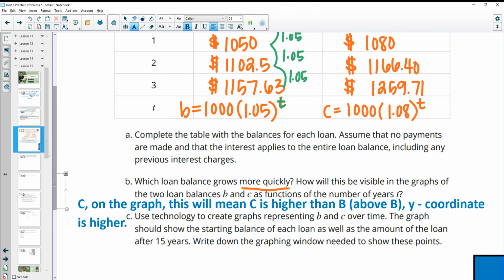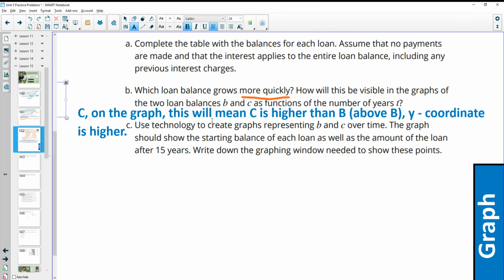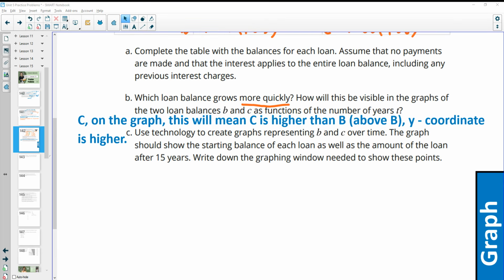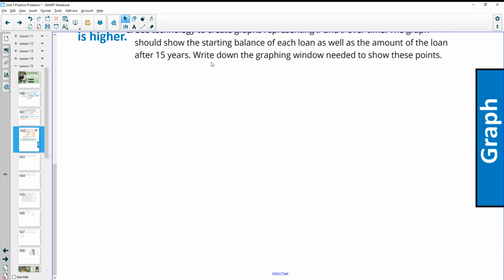Then it says using technology, create a graph that represents B and C over time. The graph should show the starting balance of each loan as well as the amount of loan after 15 years. So then it wants you to write down the graphing window needed to show these points.